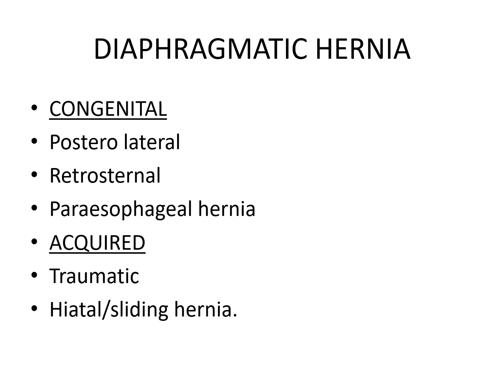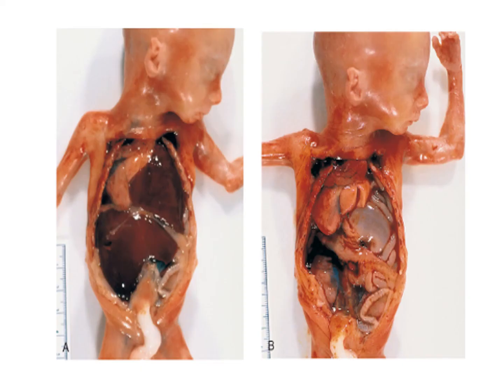Then we have the acquired, that is traumatic and hiatal or sliding hernia. According to some books, hiatal hernia is classified into sliding and paraesophageal hernia. So that is herniation of the abdominal contents into the thorax, and the lung will be hypoplastic in such cases.